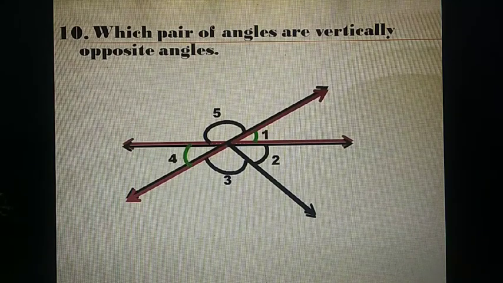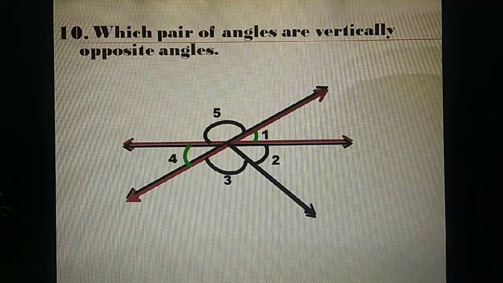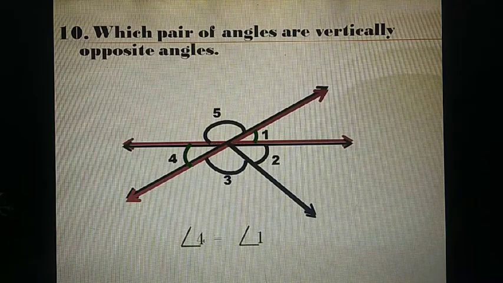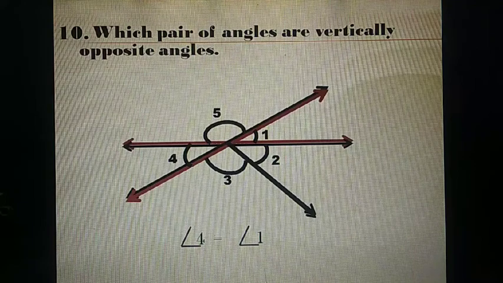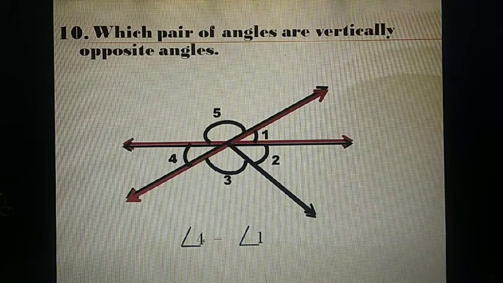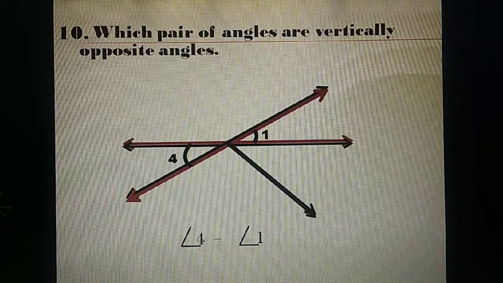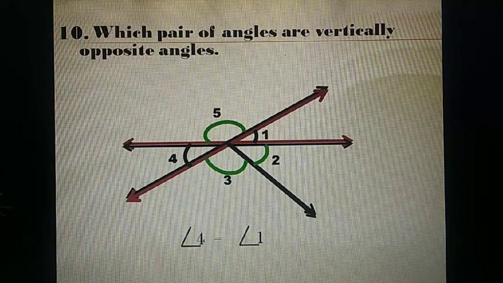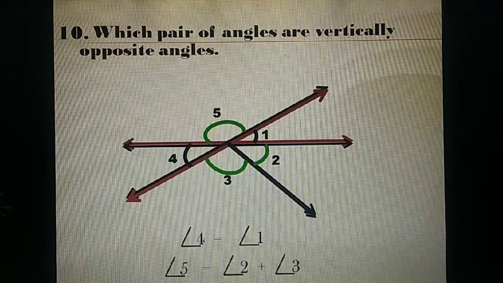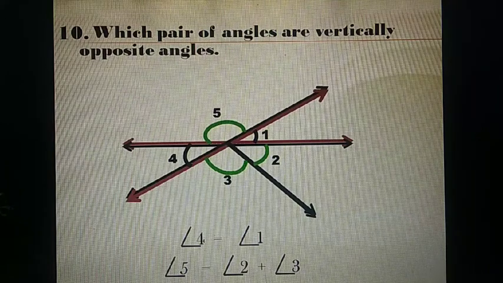First set here you can see it's 4 and 1 or 1 and 4. We can change the order. And the second one is angle 5. On the other side there are two angles. You will write them with a plus sign. So angle 5 is vertically opposite to angle 2 plus angle 3.